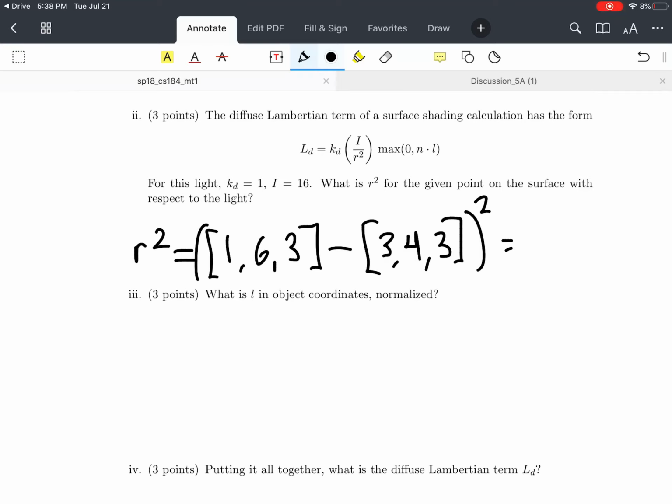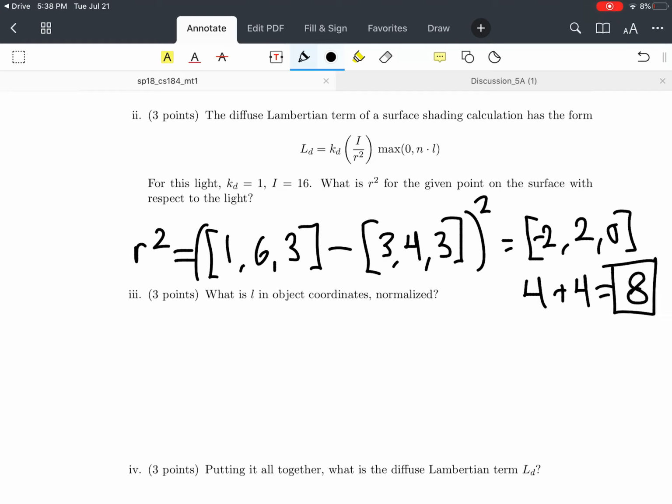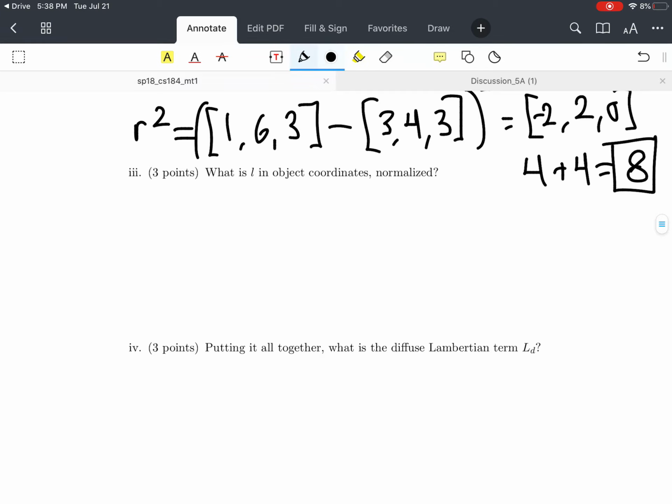Or, well, I guess that's a kind of bad way to do it, but for the radius squared, that's going to become negative 2, 2, 0, right? And if we take the length of this, it's going to become 4 plus 4, which is equal to 8. Okay, so R squared is equal to 8. Just some vector math.